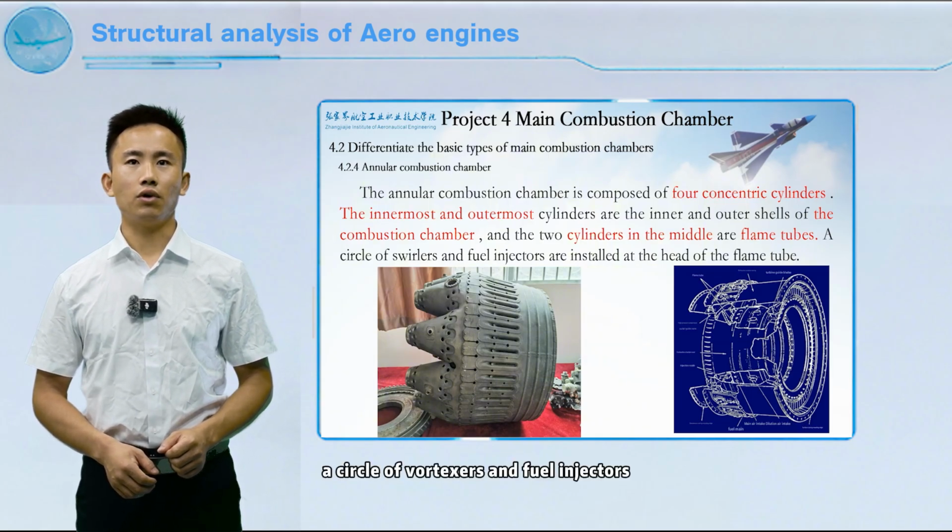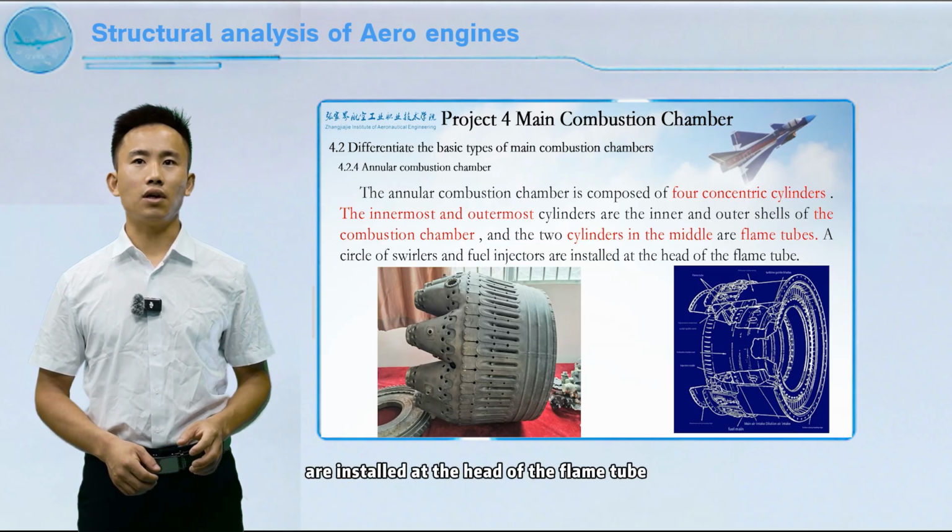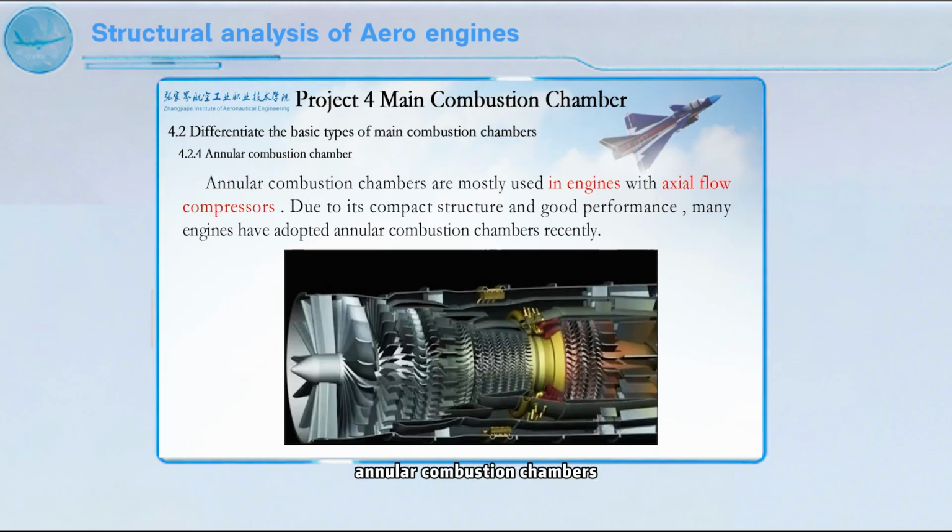A circle of vortexers and fuel injectors are installed at the head of the flame tube. Annular combustion chambers are mostly used in axial flow compressor engines. Due to its compact structure and good performance, many engines have adopted annular combustion chambers in recent years. For example, Turbo 6, F100, JT9D, etc.